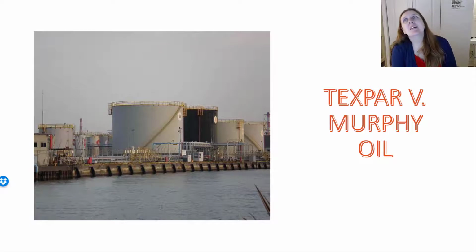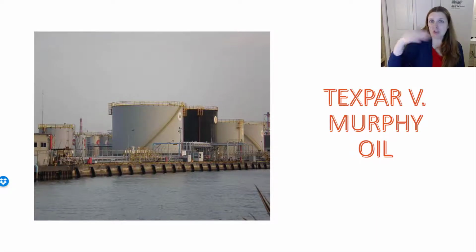Right? So the jury ended up calculating damages as the difference between the market price, which had shot up, it was $80 a ton for asphalt, and the contract price that Texpar expected to pay Murphy, which was $53 per ton, of the undelivered asphalt at the time of the breach.